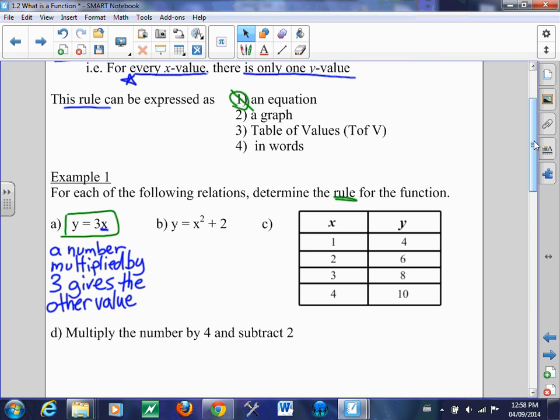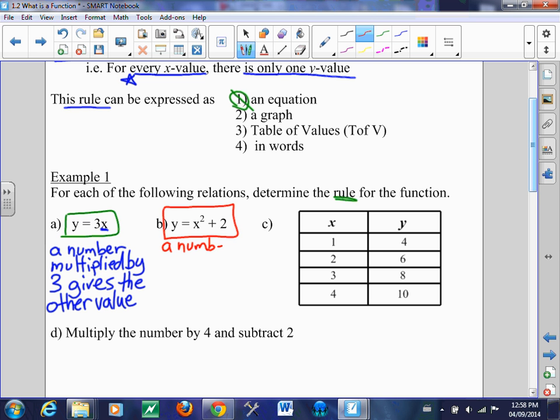Taking a look at the second one, again, it's an equation, so we can't use equations, so let's use words. So we're taking a number, and what's different this time? Are we multiplying it this time? No, it's got a 2 as an exponent, so that's called squared.